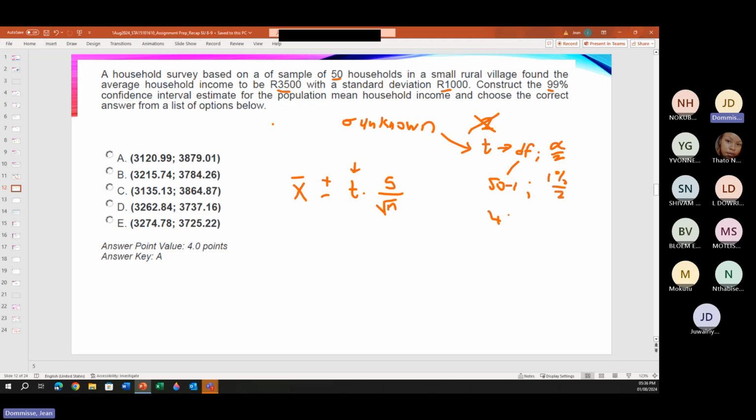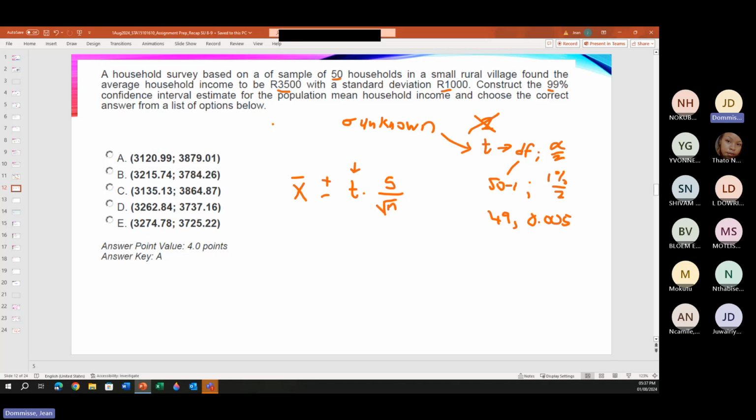So degrees of freedom of 49 with the alpha, let me just make 100% sure. 1% is 0.01, and that divided by 2 is 0.005. So that is what we need to get on the t-table.